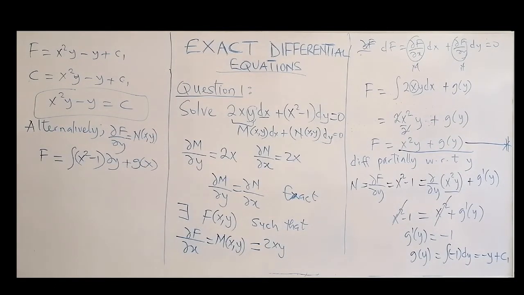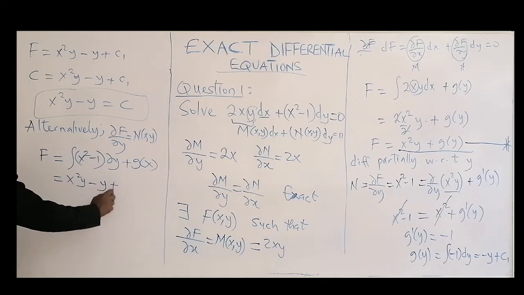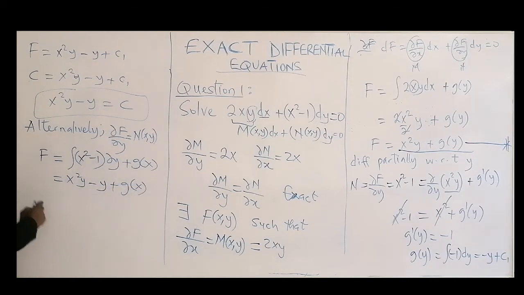Then from here, if you integrate this with respect to y, this will be equal to x squared y. This is a constant. If you open this bracket, it is x squared dy minus dy. So this will be this minus y plus g of x.